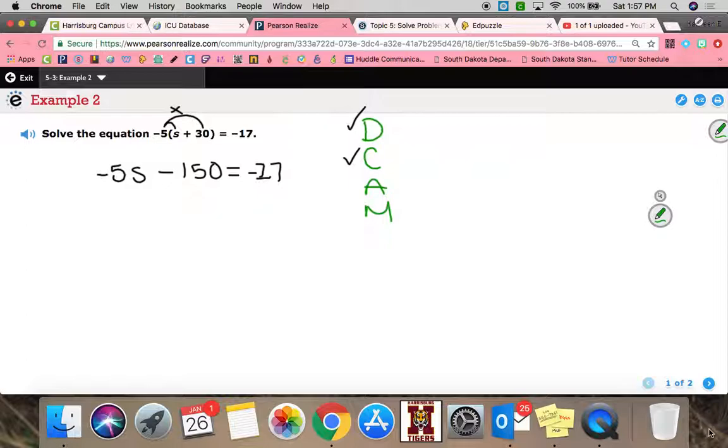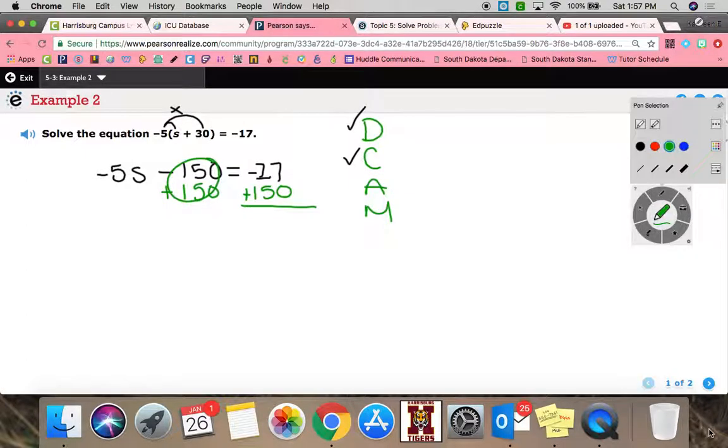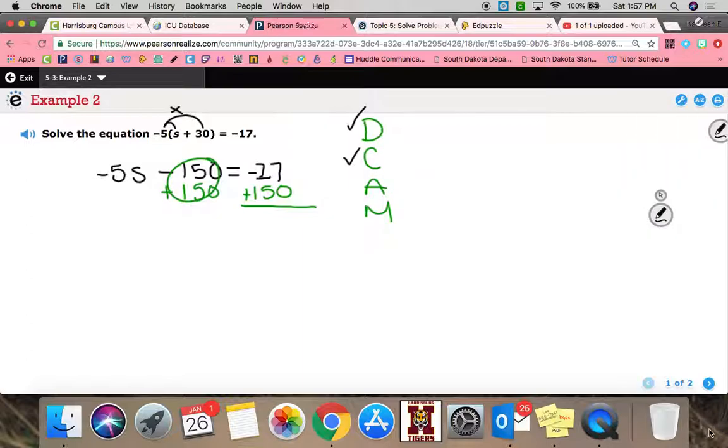Okay, next step is add or subtract. So we're subtracting 150 here, so we're going to add 150 to get it away from there and to get it over there. And then our third equation is going to be negative 5s equals, okay, well, negative 17 plus 150, I know is going to be positive because 150 is bigger than 17, and then we can reverse them like this.